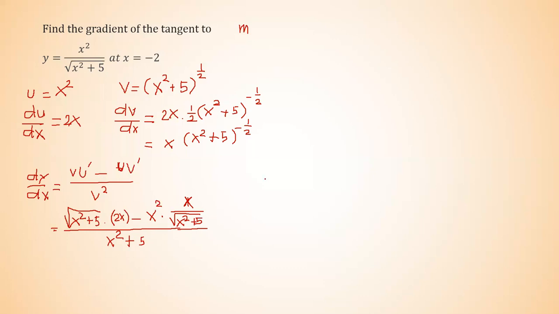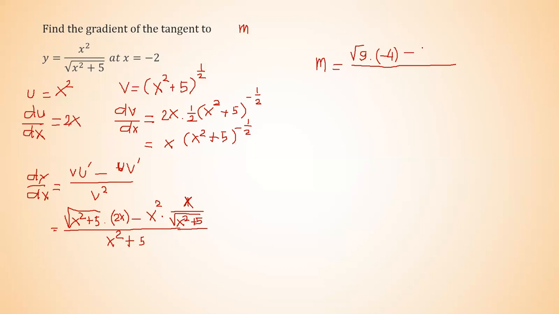And if you calculate m, or the gradient, at x equals negative 2, x squared is negative 2 squared, which is 4, so the square root is square root 9. Times 2 times negative 2 is negative 4.